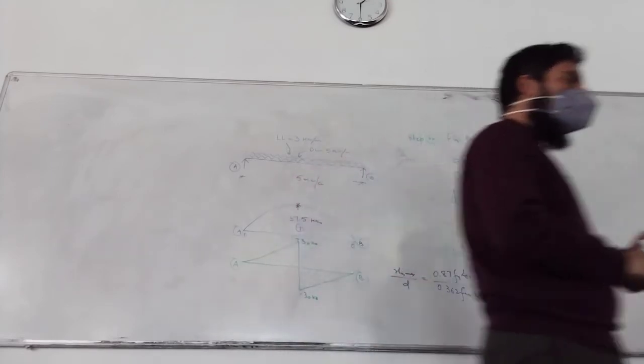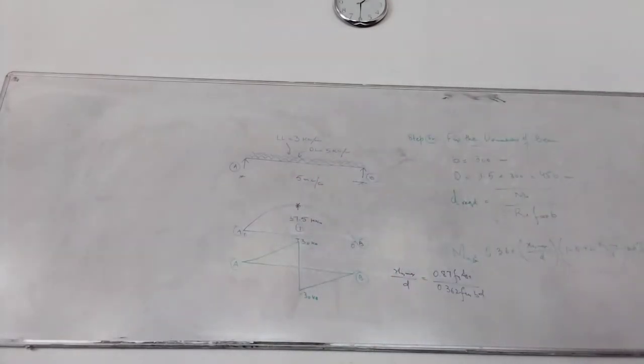Now that's again given in the code. The maximum value of XU max by D. Page 70, a note is given at the bottom.